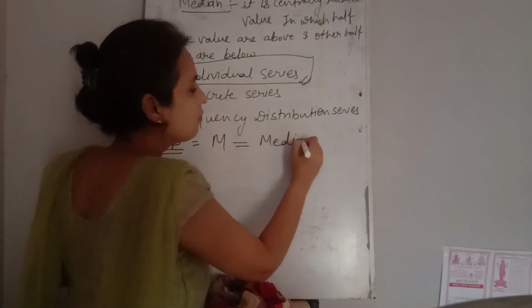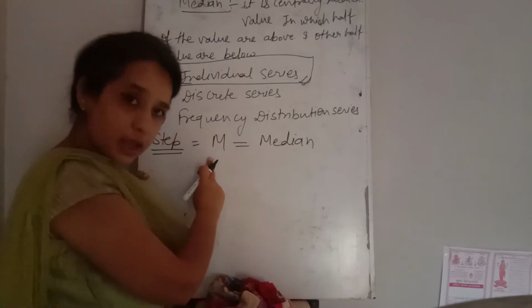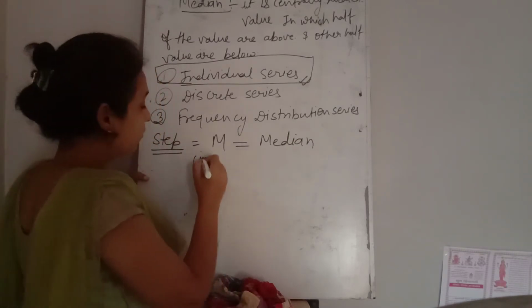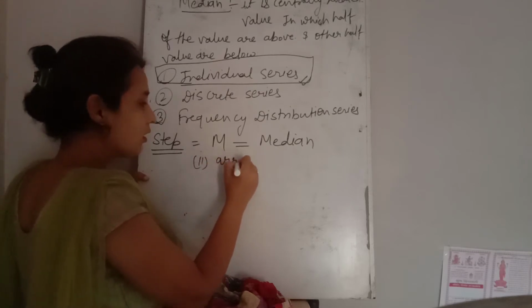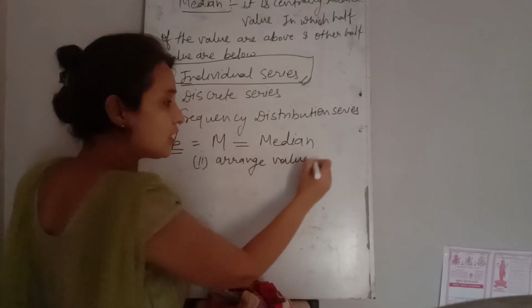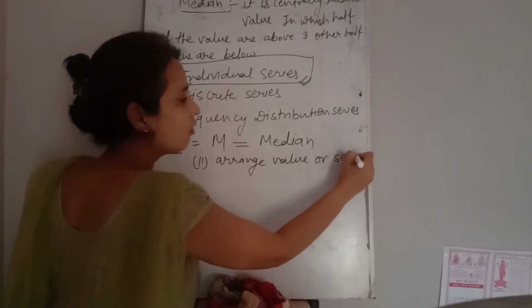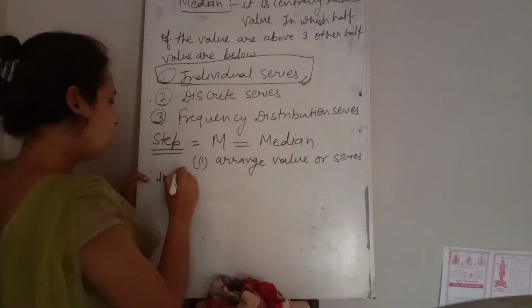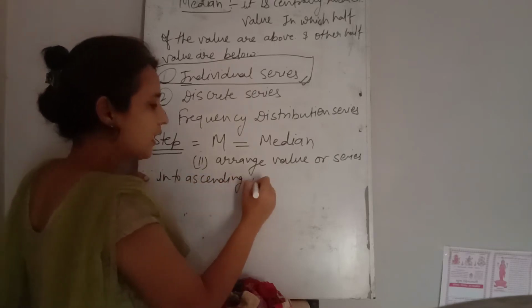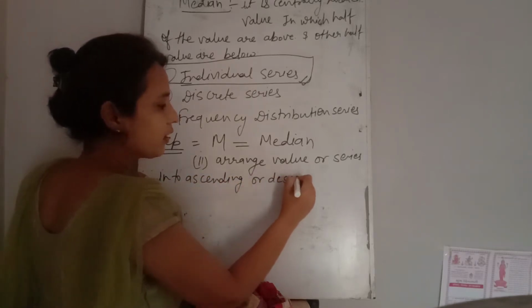It means median is denoted by M. Now second step: arrange the value or series into ascending order or descending order. Clear?